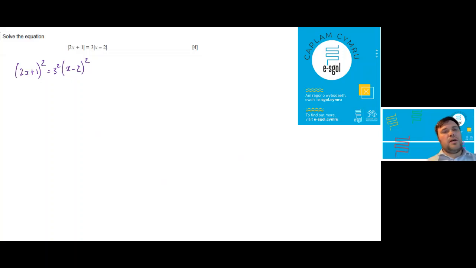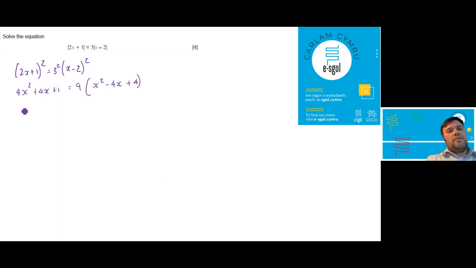I'm going to have to do this one. So that's going to be 4x squared. There's going to be twice the product, so it's going to be plus 4x plus 1 equals 9 times x squared minus 4x plus 4.